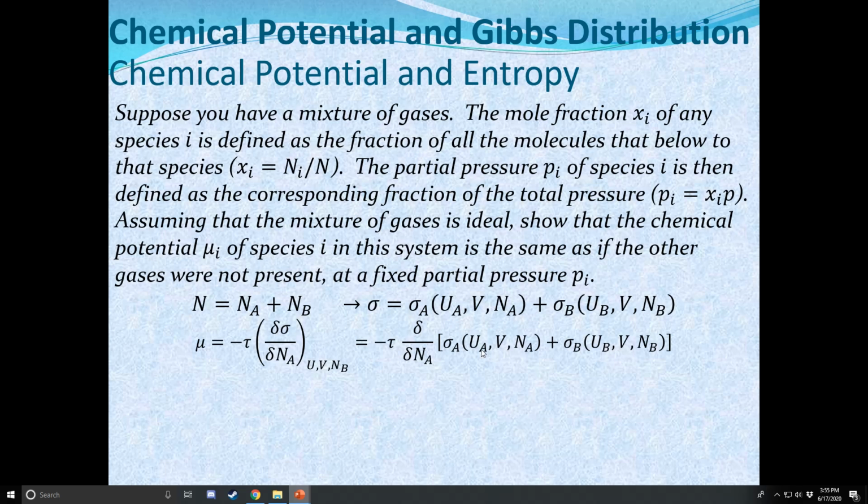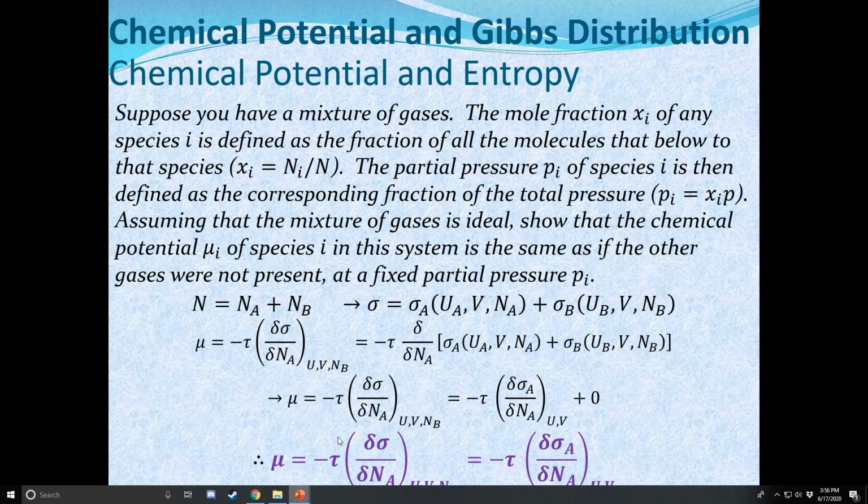Bringing in the two parts, we get that. So since we're taking the partial with respect to Na, this term drops out, and this is the only term with Na. So we end up having our chemical potential equation look something like this.